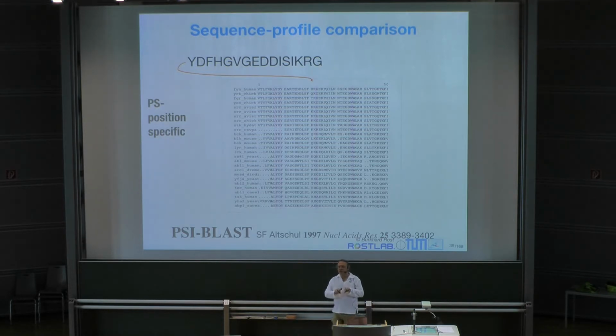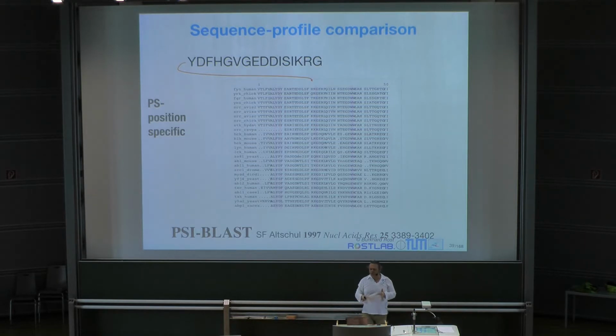So now what we can do is look further away. That is the story about intruding into the twilight zone. With pairwise alignments, we can just go in front of the twilight zone without making mistakes. Now we have a specific matrix. That means we can go a little bit further down into the twilight zone. We can find things that previously we were not sure would be right matches.